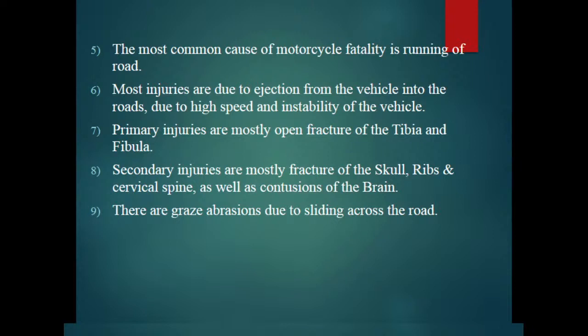Primary injuries are mostly fractures of the tibia and fibula, seen due to impact on elements of the motorcycle. The secondary injuries are mostly fractures of the skull and of elements of the chest, which include ribs, vertebral column and breastbone.